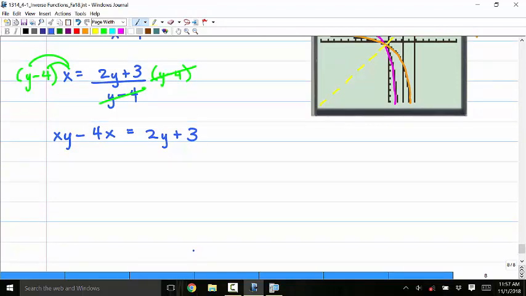Okay, the goal again is to get y by itself. We need to get everything with a y on one side. So let's get this one over to this side. How? Subtract it. I'll have xy minus 2y minus 4x equal to 3.